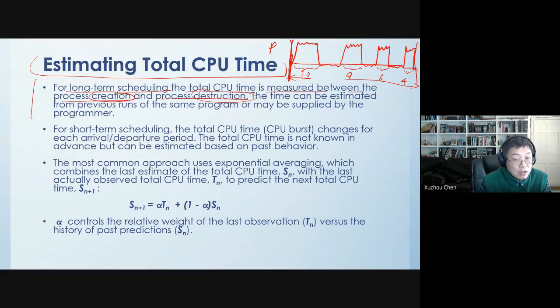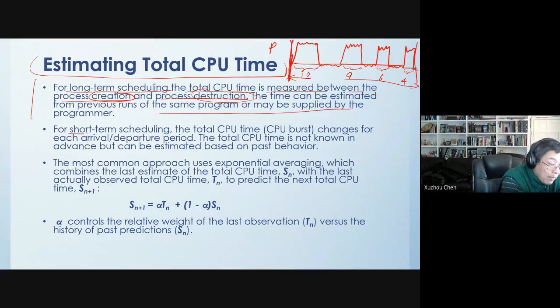Sounds impossible, right? How can I predict? Technically, you can do this by looking at the history of this program, and then you can predict, say, I expect this program is going to take 10 minutes, because historically it always took 10 minutes. So that's the reason why in most cases we use the history to measure the process CPU time.